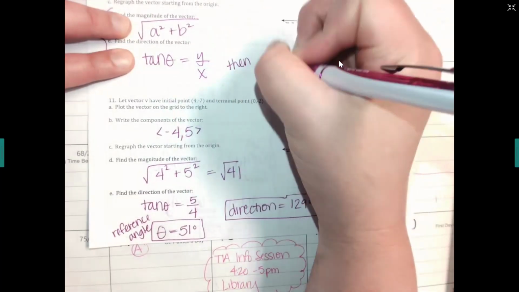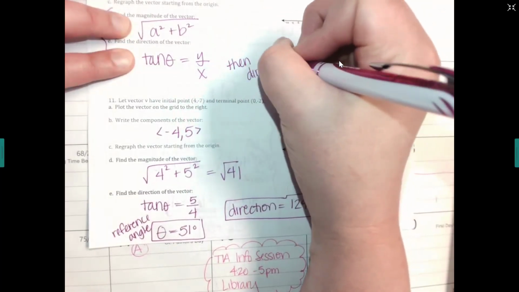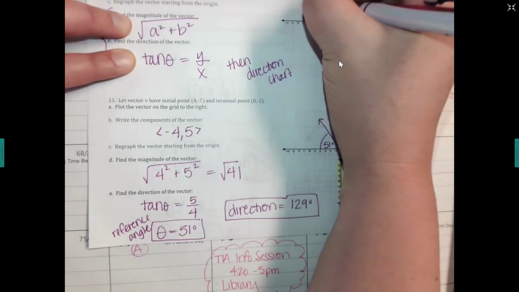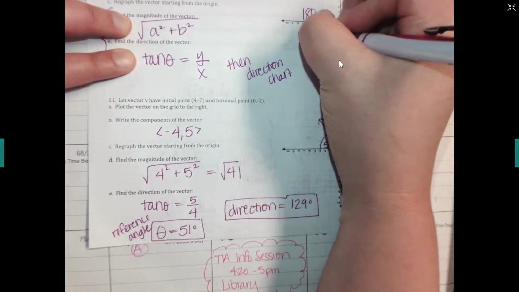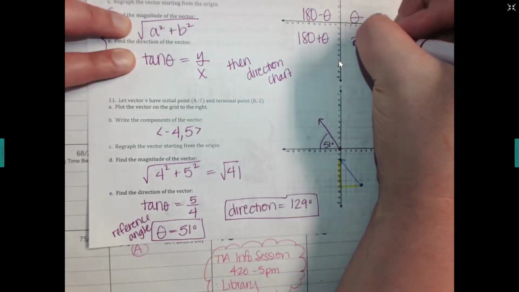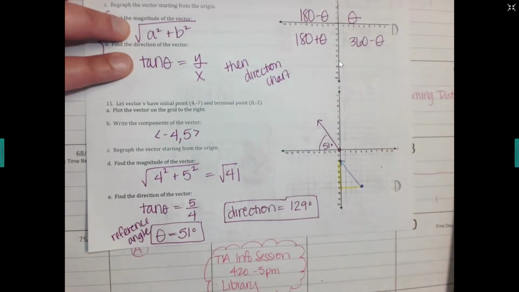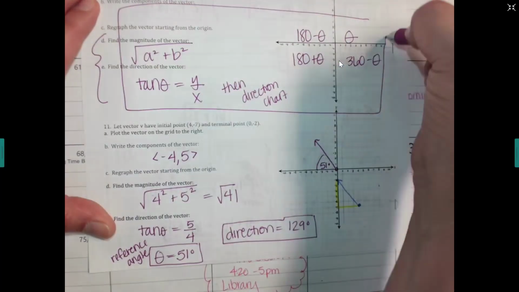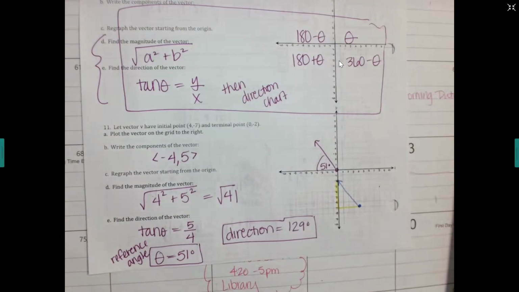Okay, then I'll put the direction chart, which is theta, 180 minus, 180 plus, 360 minus. Okay, that way you kind of have everything you need in that one section. Okay. All right, that should be good for you to do your homework. Maybe we'll do like one together and then I'll let you work for the rest of class on your own.